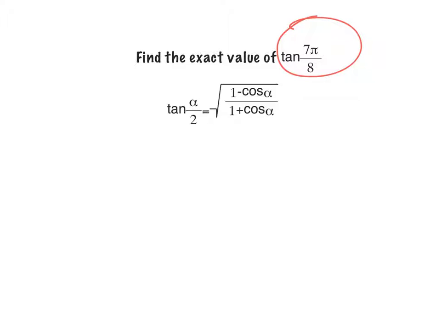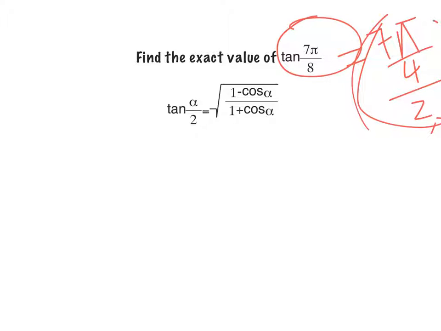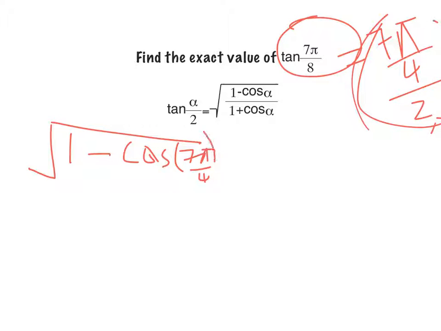Tan 7 pi over 8 can also be written as 7 pi over 4 divided by 2. Taking this into the equation, it will end up being 1 minus cos 7 pi over 4, divided by 1 plus cos 7 pi over 4.